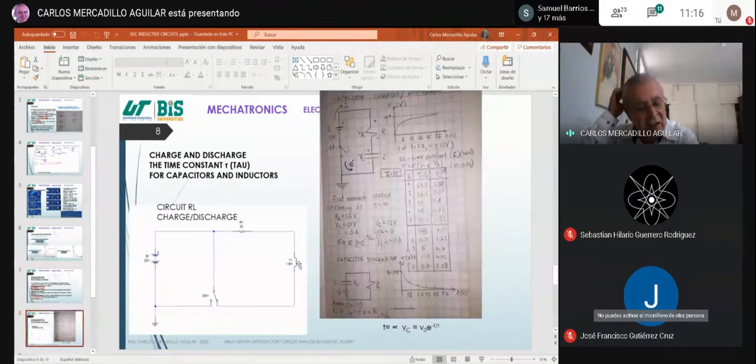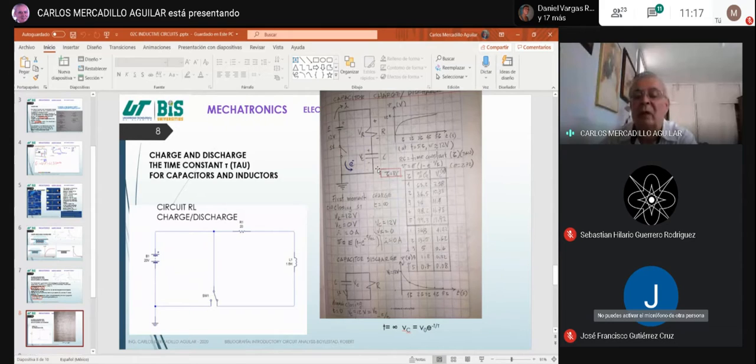In this case, we will analyze a simple RC circuit, resistor and capacitor. We have a power supply, a voltage E, in this case 12 volts. We have a current from here to here, which is the conventional current, but we know that the actual flow of electrons is in the opposite direction.